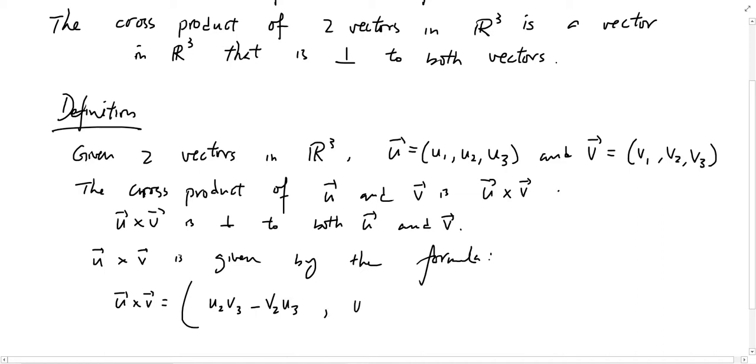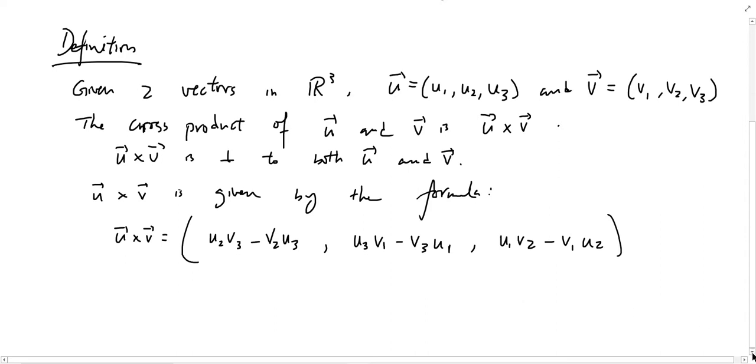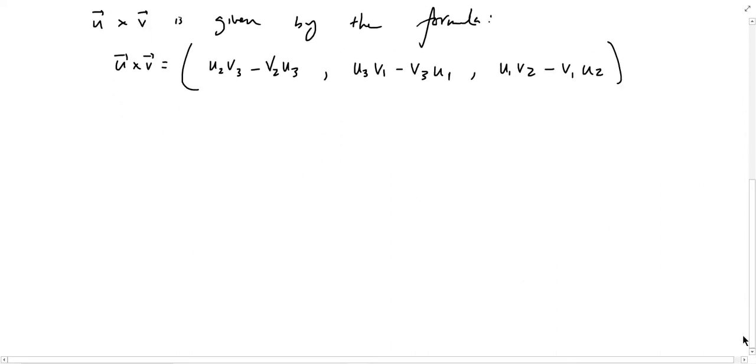The middle one is u3v1 minus v3u1. The last formula is u1v2 minus v1u2. So that's the formula that generates a cross product. Now, it's a fairly complicated formula, but it's definitely something that you can memorize. I'll show you how to use the formula.